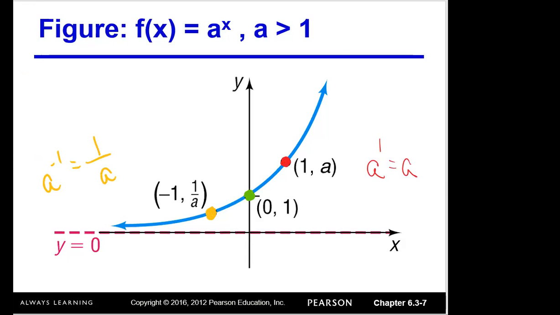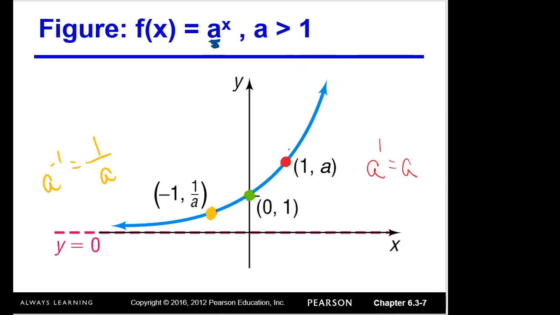Now, how fast it shoots up, sometimes it shoots like that, sometimes it shoots like this. It just depends on the base, whatever the base is, okay? We're not going to worry too much about that, but that's what the exponential graph looks like.